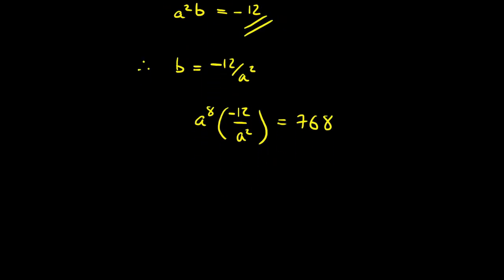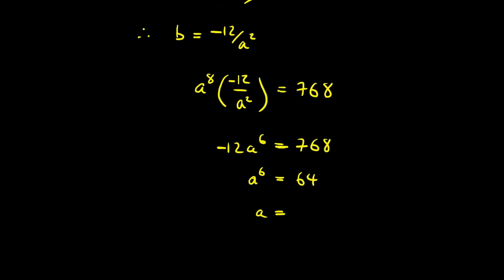That means I'm going to get minus 12a to the power of 6 is equal to 768. So a to the power of 6 is 768 divided through by 12, and that's 64.